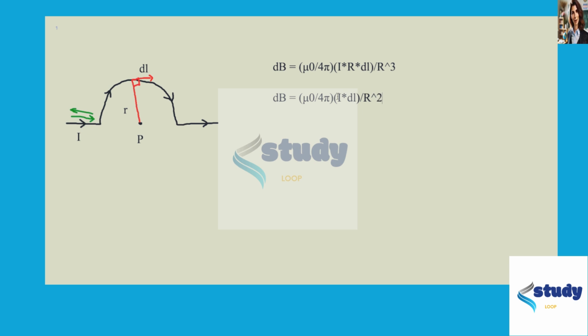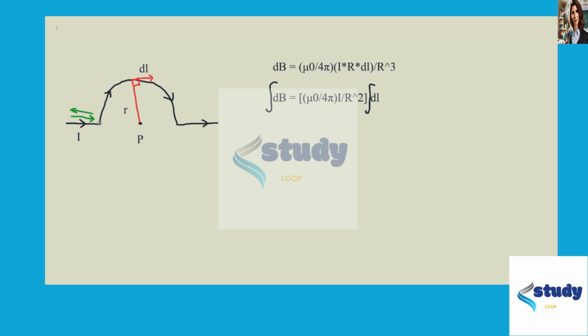And again, since all of these are constants, I'm just going to pull this dL term all the way out to make this really explicit. So when we integrate this, we're going to integrate dB to get regular B, and we're going to need to integrate dL.